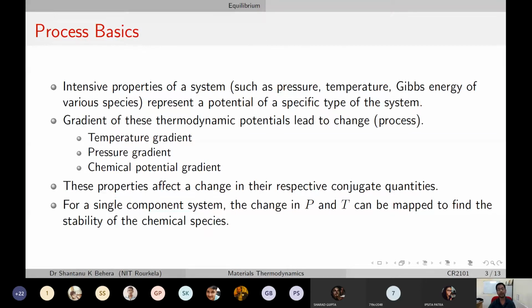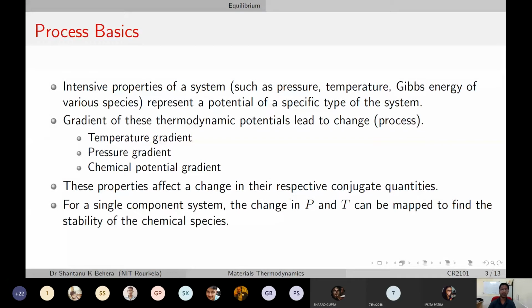Can I map the coordinates of pressure and temperature onto a diagram that I know, where this combination of pressure and temperature is going to give me this phase? That is typically what is called a phase diagram. And here it is, a phase diagram in a single component system.